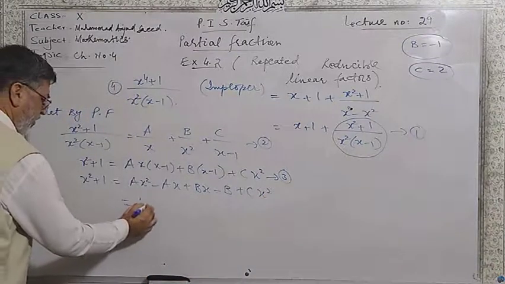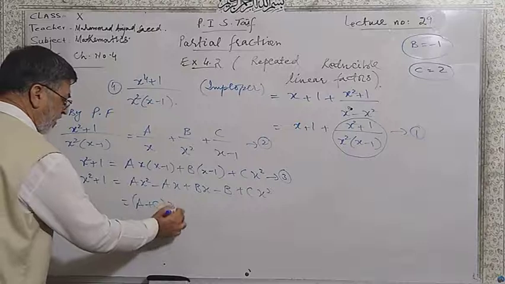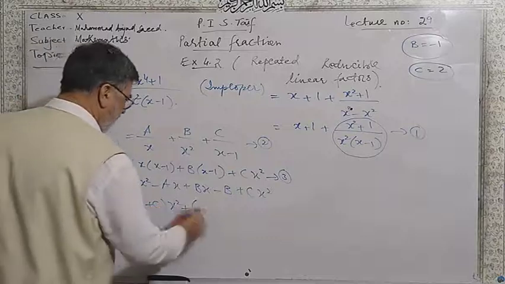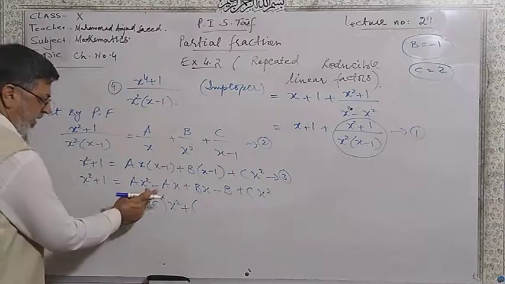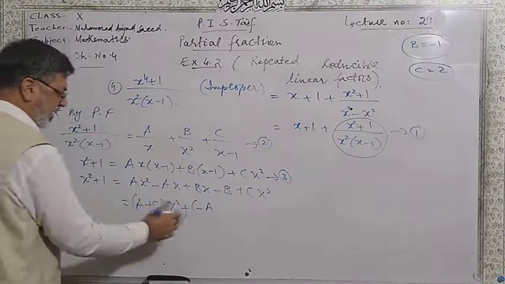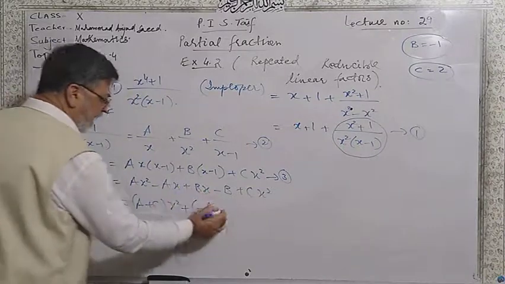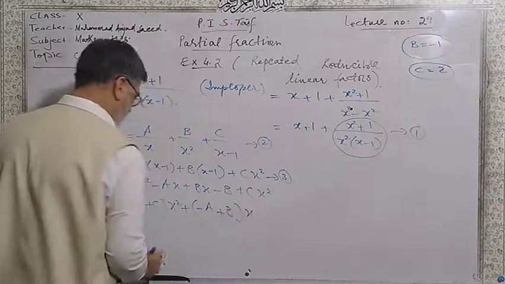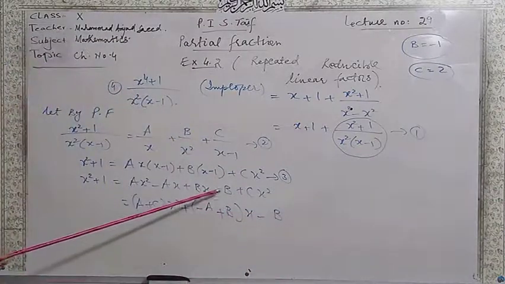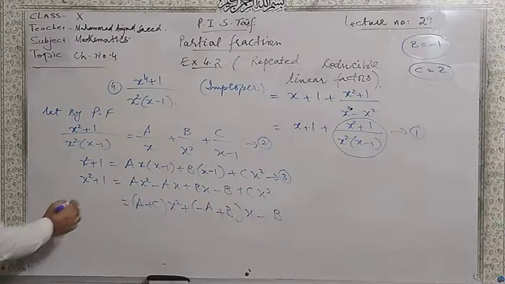Then I told you, write down like terms side by side, a plus c into x square. After that, plus here is minus a, write down minus a inside the bracket, and then you have bx, write down b into x, and at the end constant is minus b.